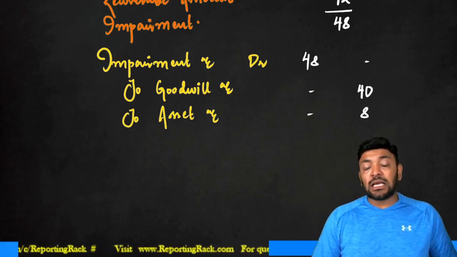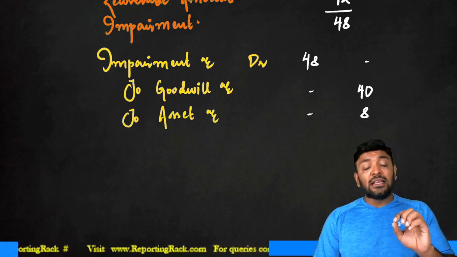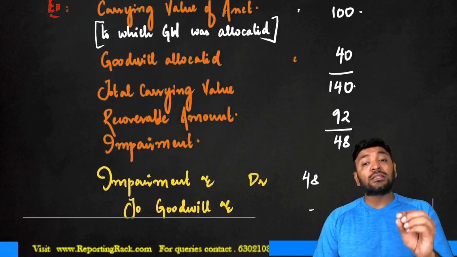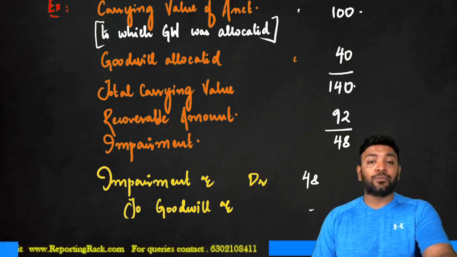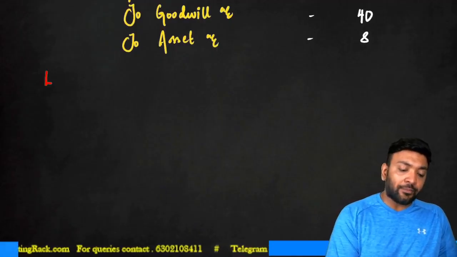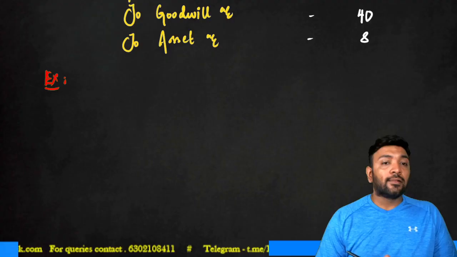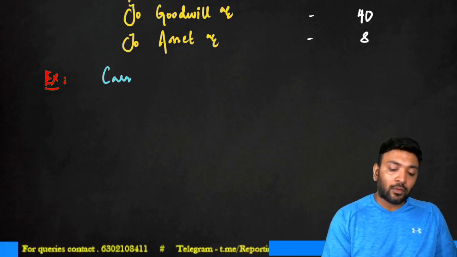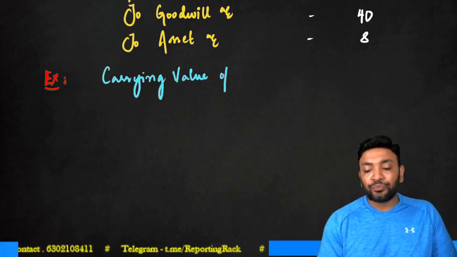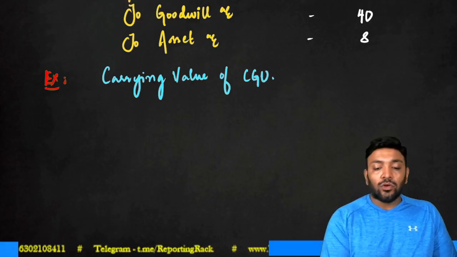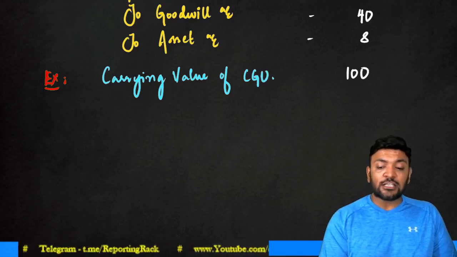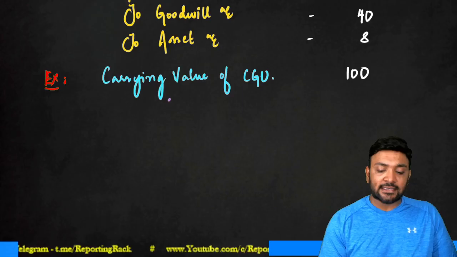Now you will say, sir, what if this goodwill was not allocated to an individual asset like this, but actually it was allocated to a group of assets which form a CGU? Okay, no problem. Again, another example then. Carrying value of CGU was, let's say, 100 rupees. This has been split into broadly 3 assets.